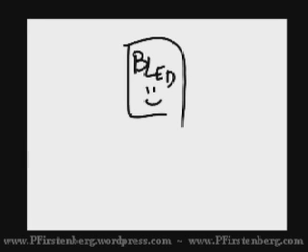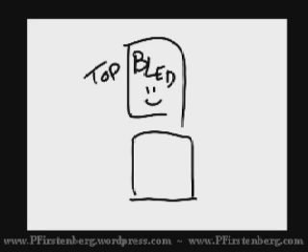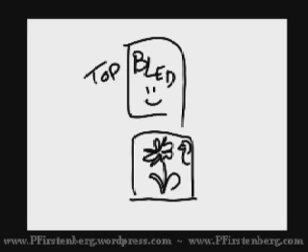Everyone draws a flower, and there's always a bird of some sort, and then a tree that looks like an ice cream cone. Anyway, this is your main thing you want to apply this blend to.